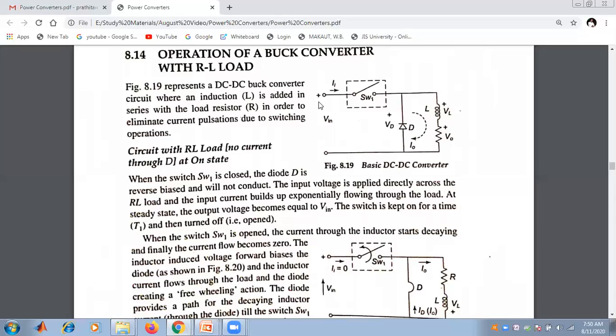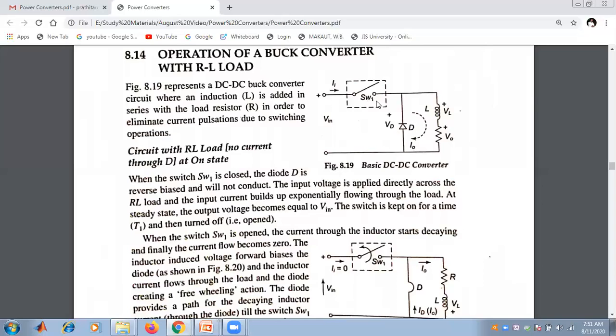Again, I am repeating that if the switch is closed, this is the positive part, and this is the negative or ground part. When N is on the positive side and P is on the negative side, this is called the reverse bias of the diode, and the diode will act as an open circuit.